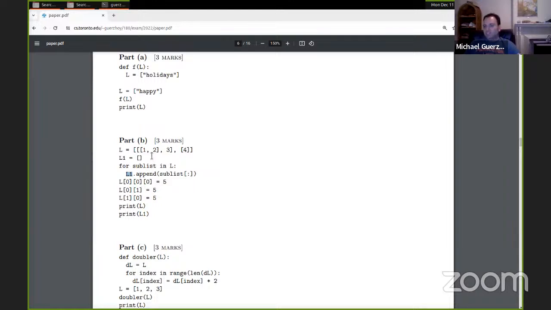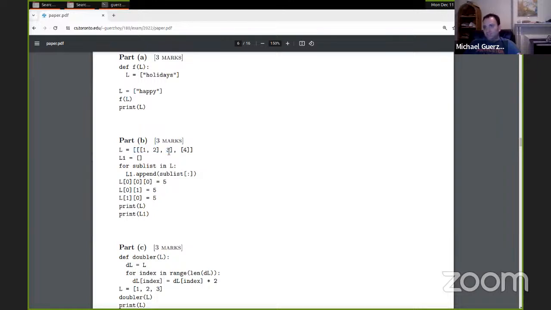So that means that we're making a shallow copy of this, and we're making a shallow copy, which is the same in this case as a deep copy of this, right? So we just made a shallow copy of this.